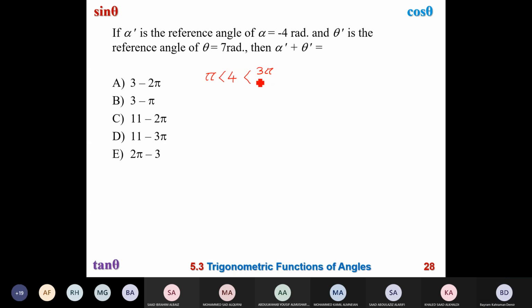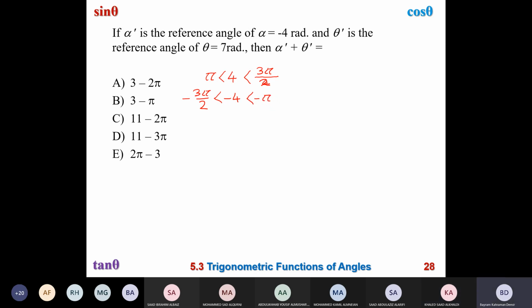Yes, this is the 3 pi over 2. But if you look at the -4, that means if you multiply by negative, you will get -4 radian as greater than -3 pi over 2, but less than -pi.